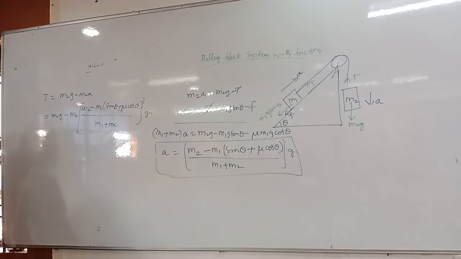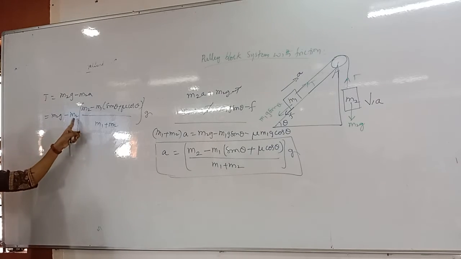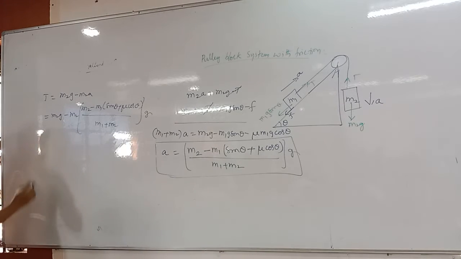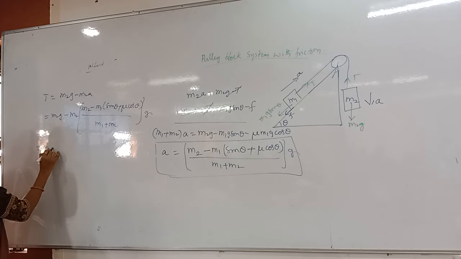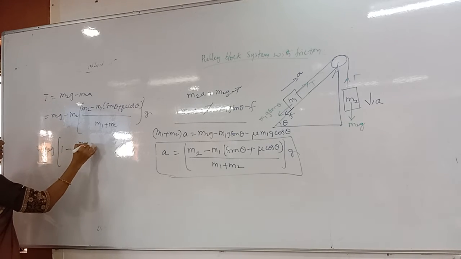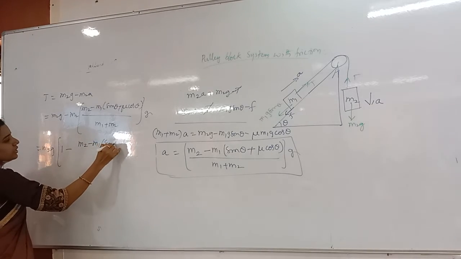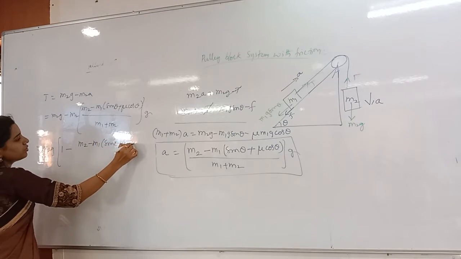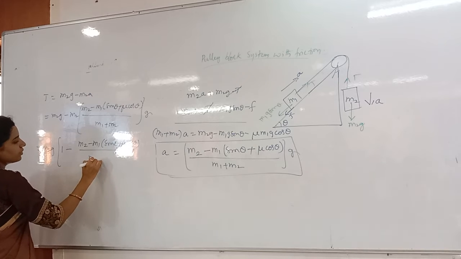What can I take outside here? m2g I can take outside. Then what is remaining for us here? 1 minus, as it is remaining, m2 minus m1 sin theta plus mu cos theta divided by m1 plus m2.